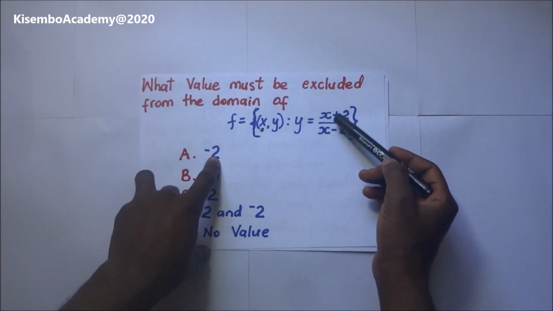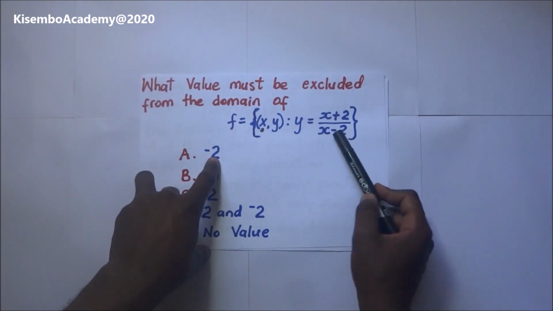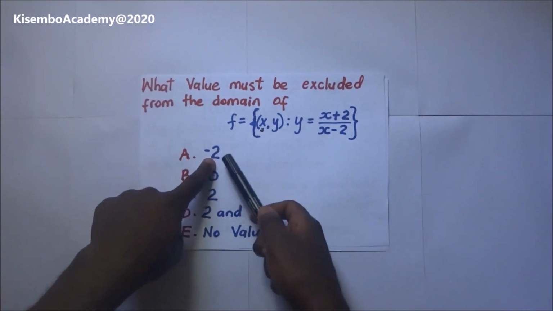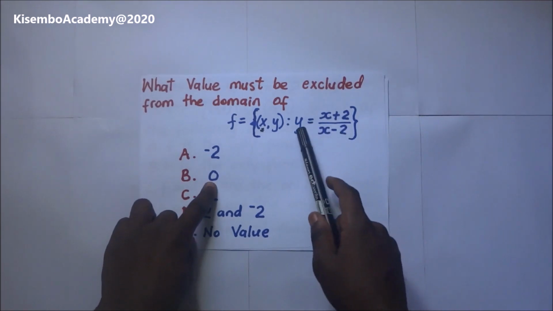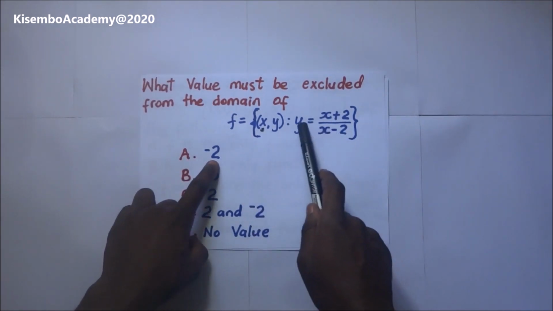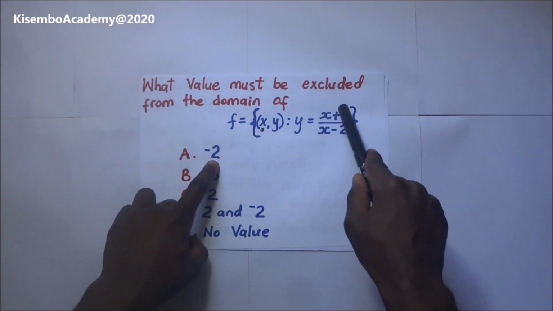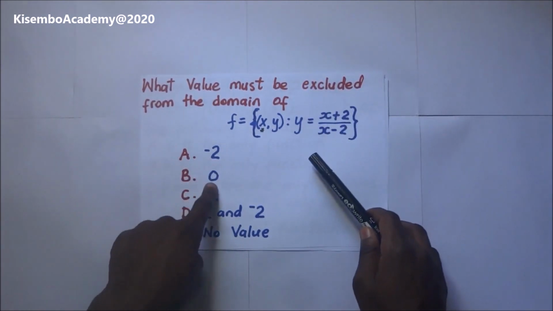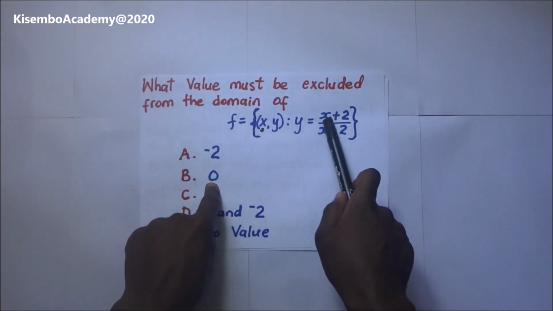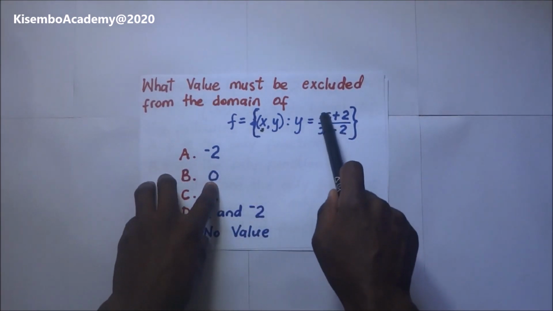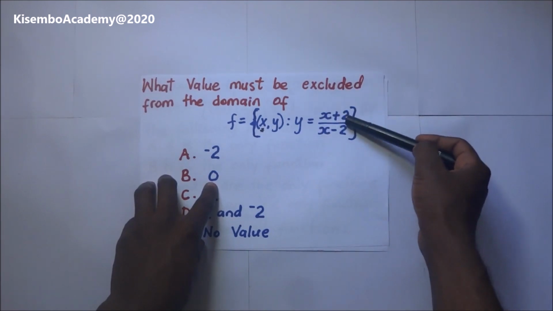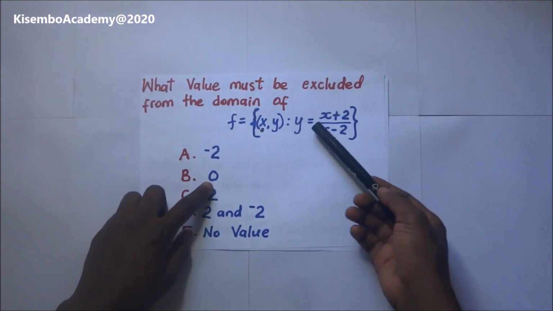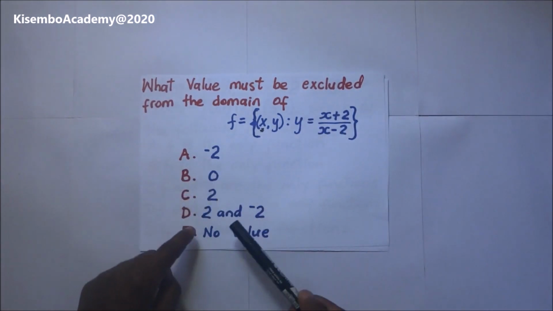So whatever we get here, if we divide by negative 4, we shall get a value of y that is a real number. So we can't get rid of negative 2. In other words, if x was negative 2, y would be negative 2 plus 2, giving us 0. Divide that by negative 4, y would be 0. So let's go to B. If the value of x is 0, that would be 0 plus 2, which is 2. Divide that by negative 2, giving us the value of y as negative 1. So again, B is not the answer.